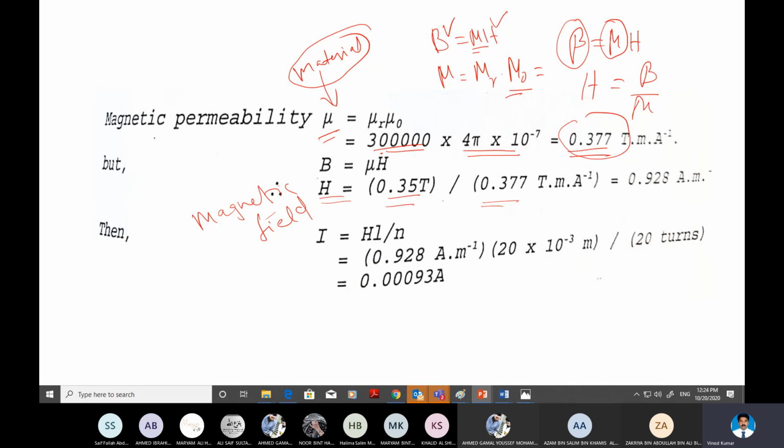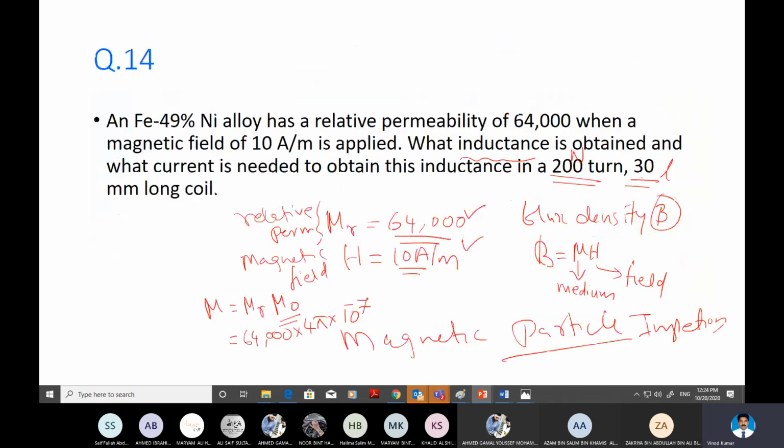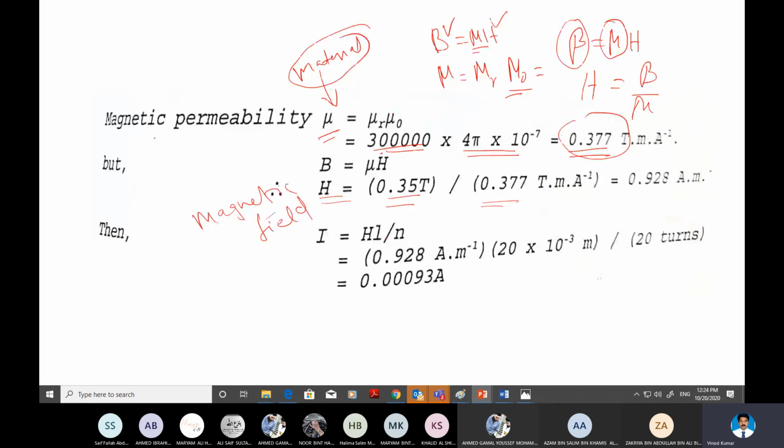So we got H from here. So this is the equation. This is H, the unit is ampere per meter. Now H we got, then what about I? Similar to the last time, what I explained, Ni over L equal to H, we get I equal to H times L divided by N. So H we calculated from this equation, substitute here.